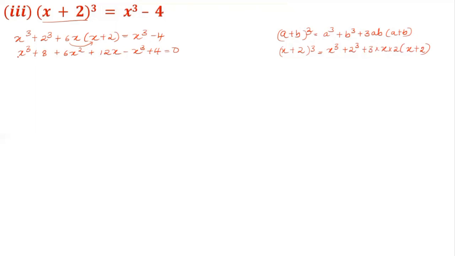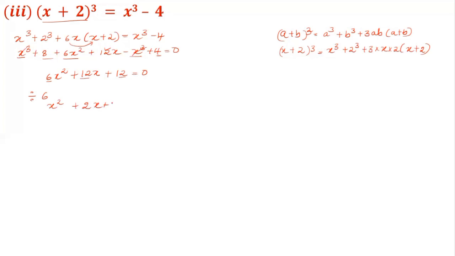If we take x cube minus 4 to the left hand side, that becomes minus x cube plus 4. So, x cube minus x cube cancels out, remaining term 6x square, then plus 12x plus 12 is equal to 0. Yes, it is a quadratic equation. This equation is of the form ax square plus bx plus c is equal to 0.